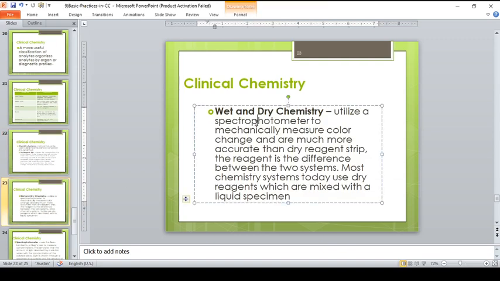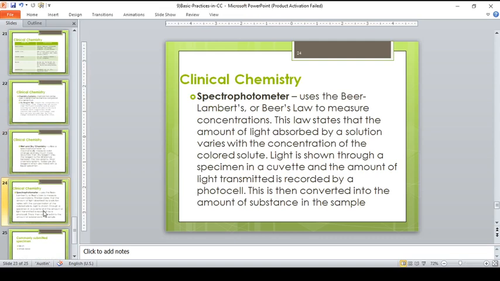Another is wet and dry chemistry. It utilizes a spectrophotometer to mechanically measure color change and is much more accurate than the dry reagent strip. So the reagent is the difference between the two systems. Most chemistry systems today use dry reagents which are mixed with a liquid specimen.